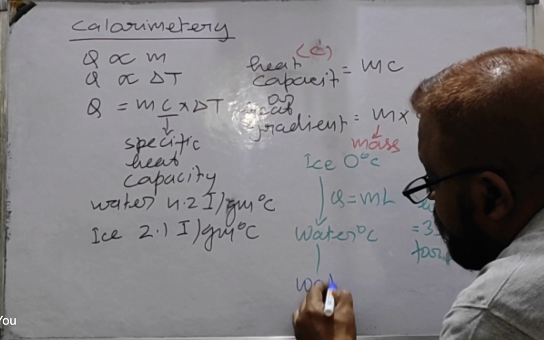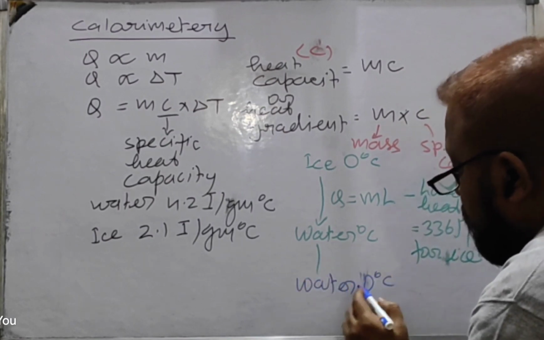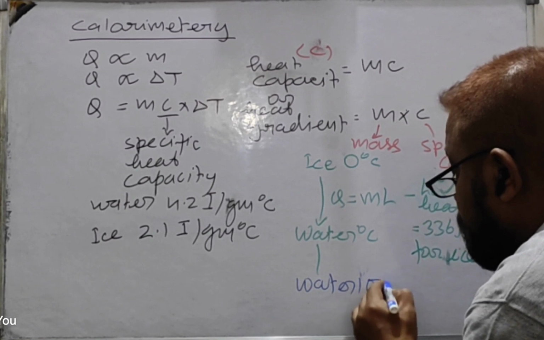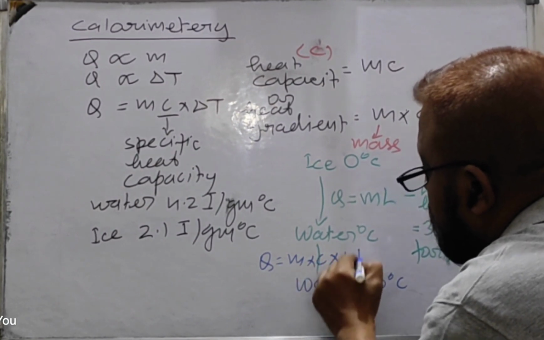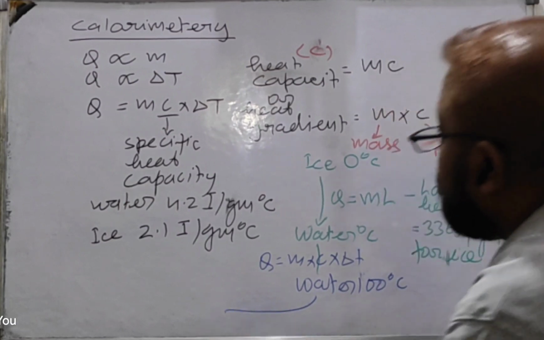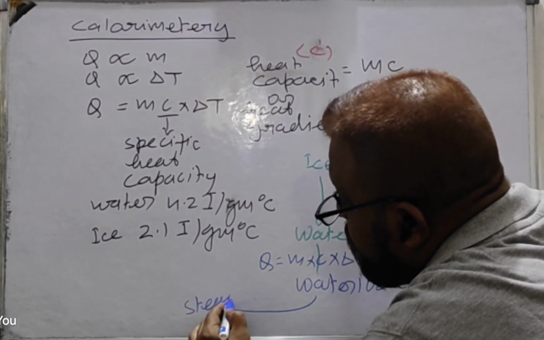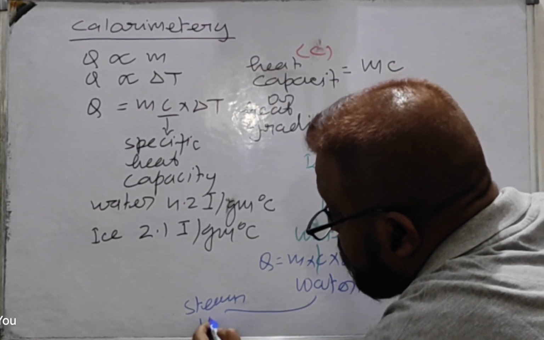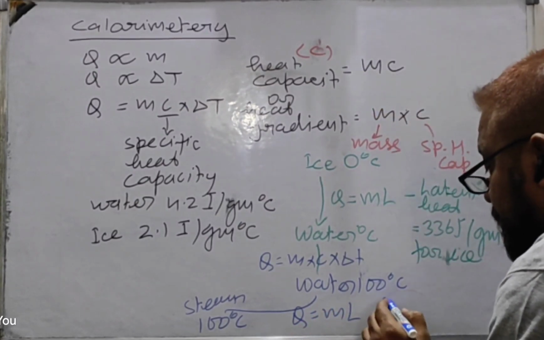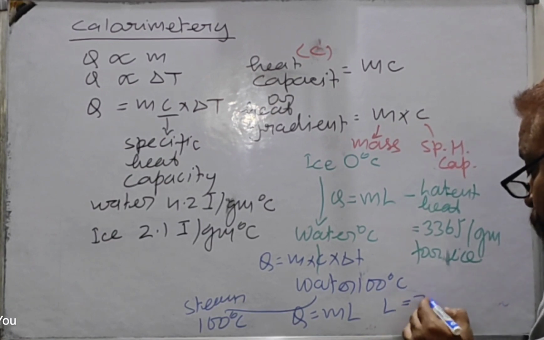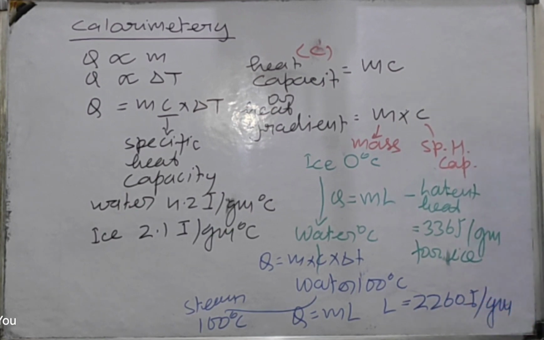Ice at 0 degree converts into water at 0 degree, and that converts into water at 100 degree, where Q is equal to m into C into delta T. Then 100 degree water converts into steam at 100 degree Celsius, and again there is a change in state, so Q is equal to m L, where L is the specific latent heat of vaporization, 2260 joule per gram.